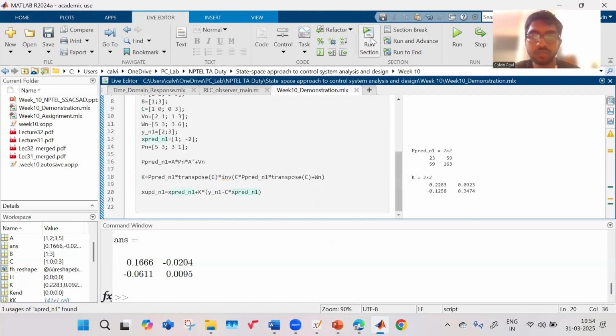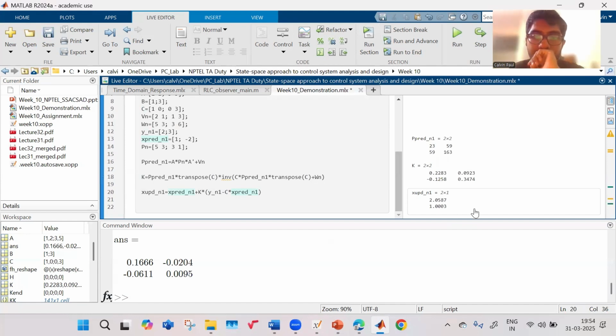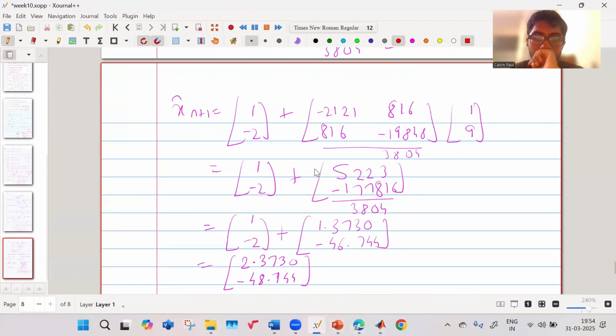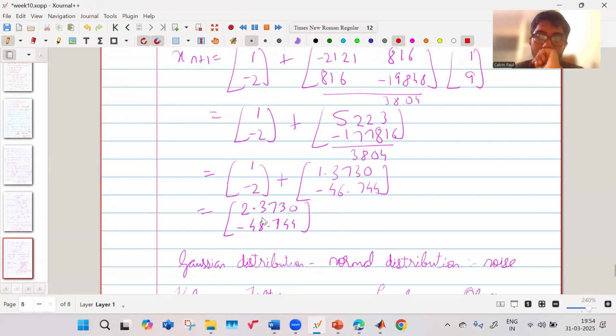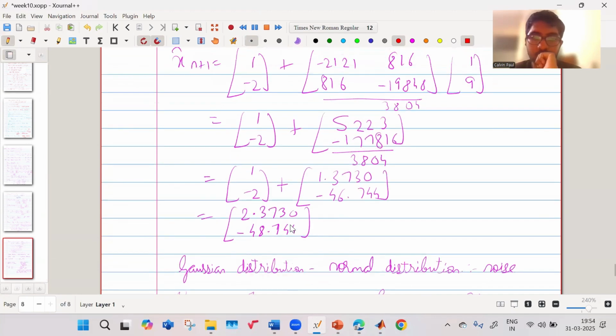We have done this. So this is the next stage: 2.0587, 1.003. When we got it, 2.3743, minus 48.744. We made a huge deviation, which was quite suspicious as we look back and think.